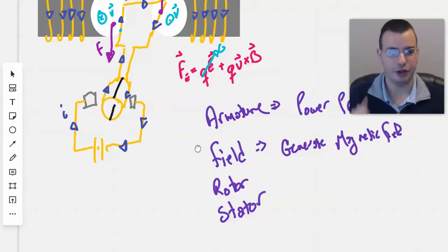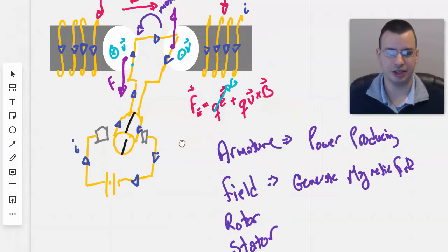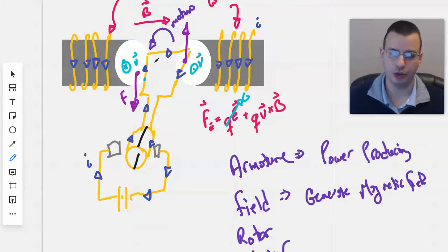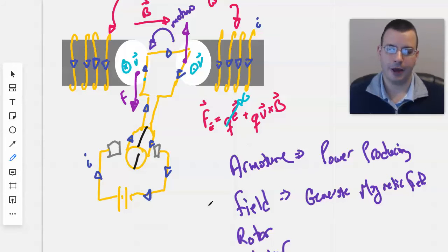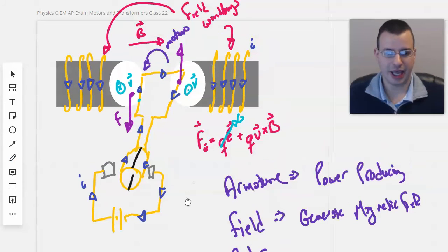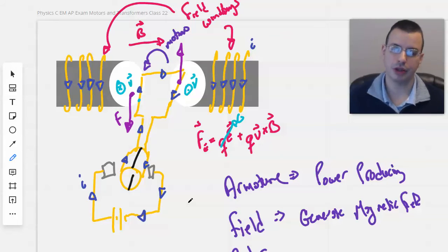You also have the rotor and the stator. The rotor rotates and the stator is stationary. The rotating loop in this case would be the rotor, and the field windings would be part of the stator. The field windings and the armature aren't always the same.